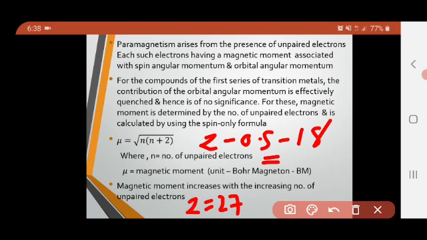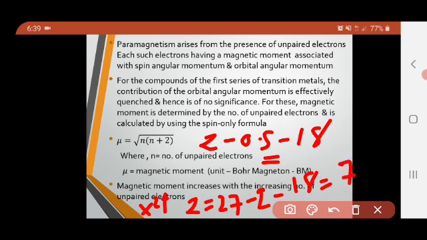Z is nothing but the atomic number. Now if the charge is given as 2 plus, it means the oxidation state is 2, so we have to subtract 2. So 27 minus 2 is 25, minus 18, that is nothing but 7.